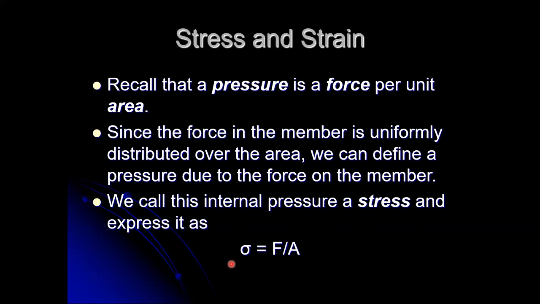It's the Greek letter sigma, which happens to be the letter S in Greek, essentially. It's the small letter sigma. Sigma is essentially the universal symbol, at least as far as this planet's concerned, for stress, for normal stress. And it's simply the applied force divided by the cross-sectional area.